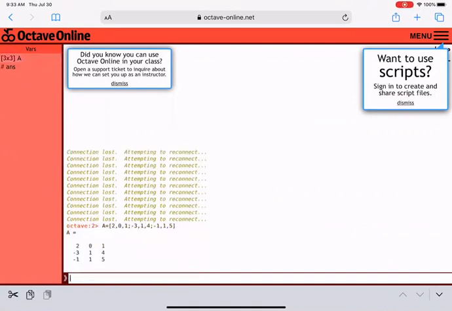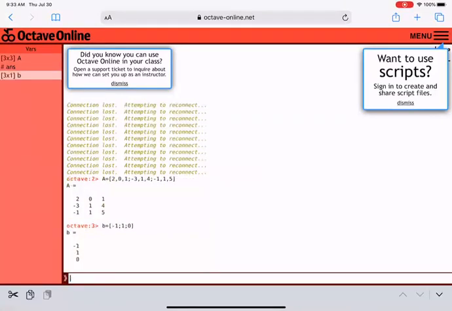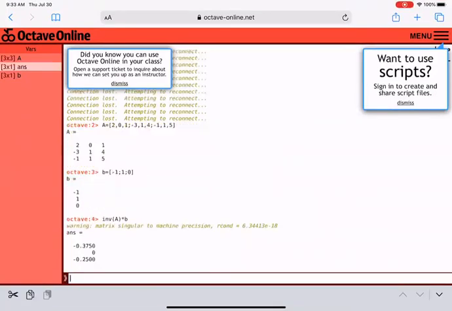My B vector was -1, 1, 0. I'm going to take the inverse of A times B. And so I get -0.375, which I should be able to reduce. That's 3/8 and -1/4.